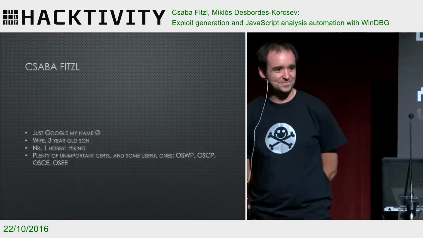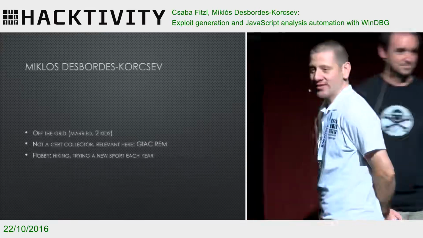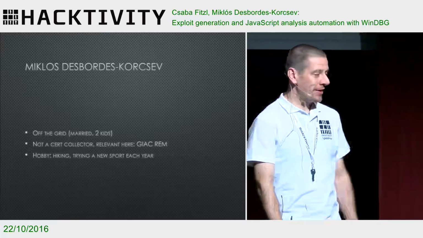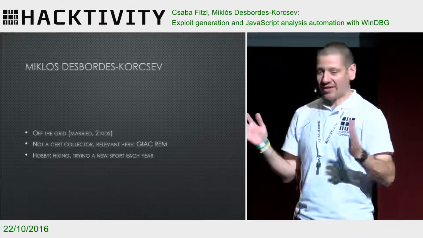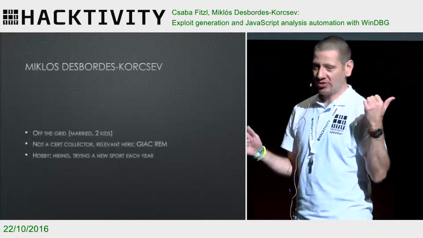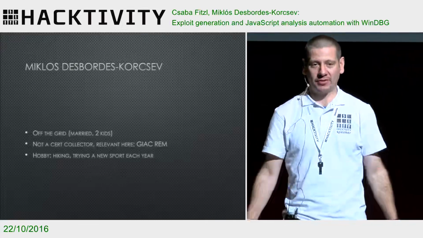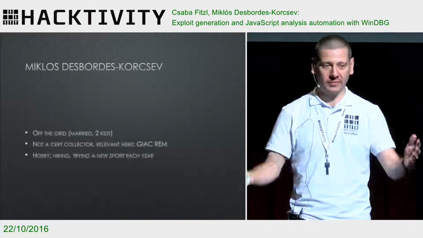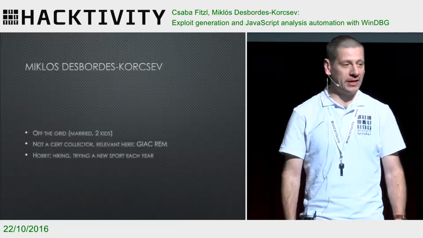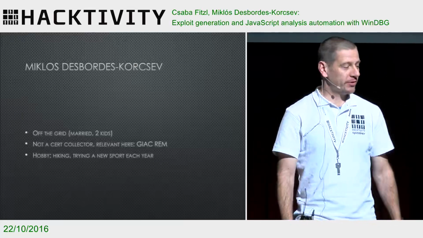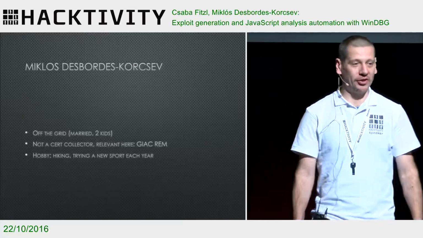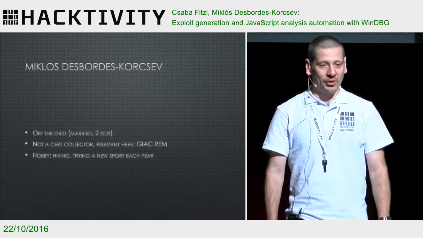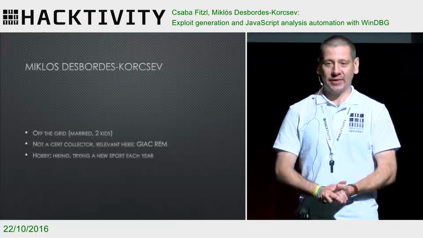Hello folks. My name is Miklos Desbordes, and as opposed to what Csaba was saying, I'm the dark person, so I don't have too much information published about myself on the net, so I challenge you to find anything about me. Probably you'll find something from this week, but not too much before that. I'm also married.